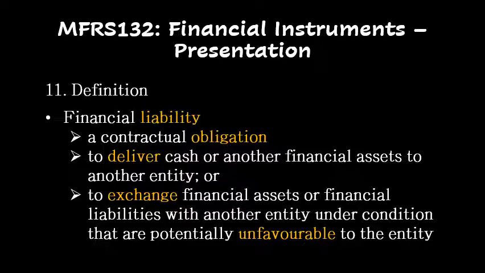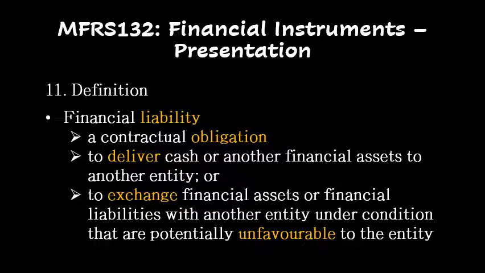Please note that paragraph 13 of the standard says that the terms contract and contractual refer to an agreement between two or more parties that has clear economic consequences that the parties have little, if any, discretion to avoid, usually because the agreement is enforceable by law. So this means, by hook or by crook, legally, you have no other choice other than to deliver the obligation.